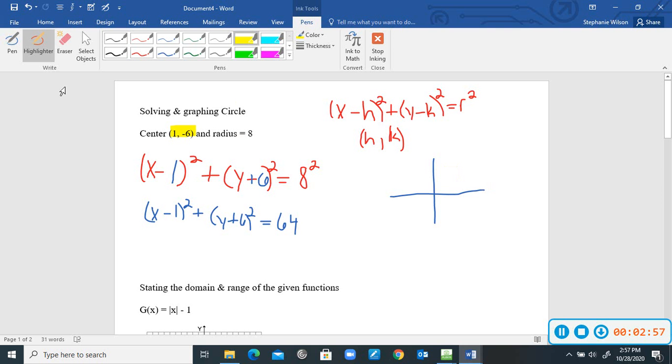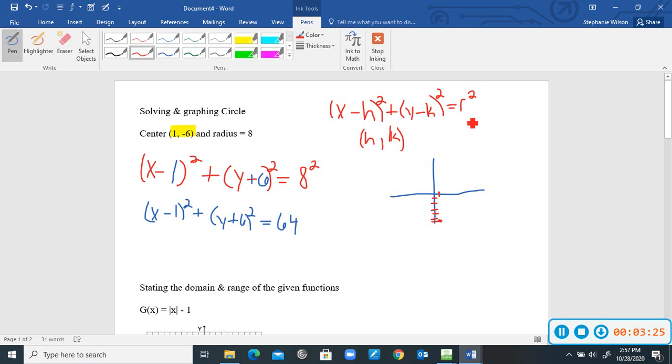So I'm going to start at 0, 0, and my x value is positive 1, so we're going to go over 1, right? So let's call this 1 right here. And from there, my y value is negative, so I want to go down 6. So let's go 1, 2, 3, 4, 5, 6. And we need to make sure it lines up with where x is 1. Alright, so here's my center.